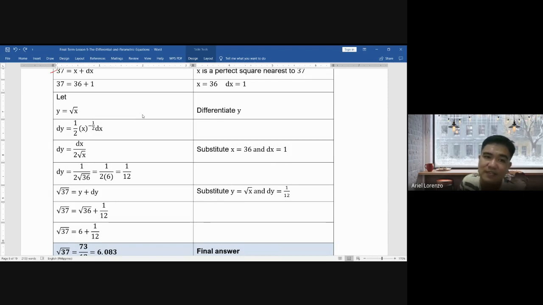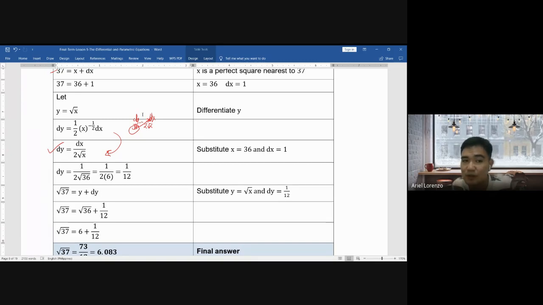Ang derivative niyan, class, is 1 all over 2 square root ni x, times dx. So, imbes na dy all over dx kasi, class, since differential yan, dapat isang dx natin, transfer natin doon kaya magiging dx. Kaya ito siya, dy is equal to dx all over 2 square root ni x. Ito kasi yung kailangan natin kaya application siya ni differential.